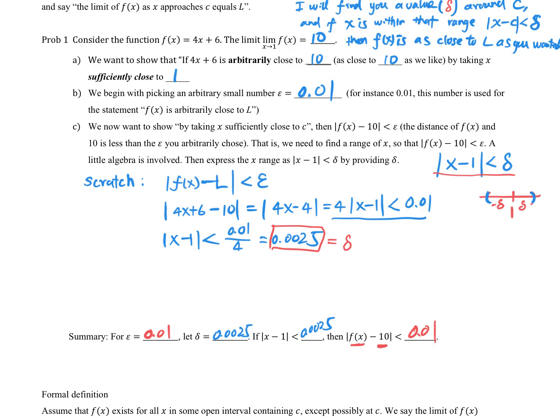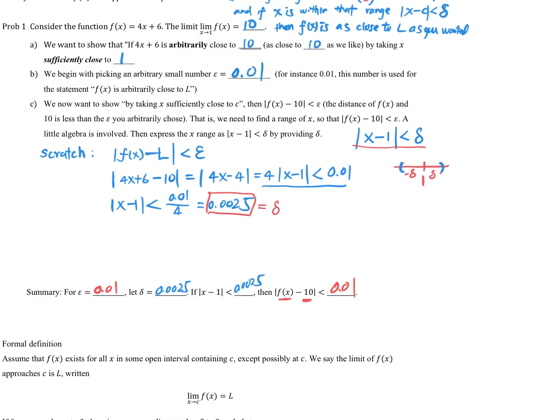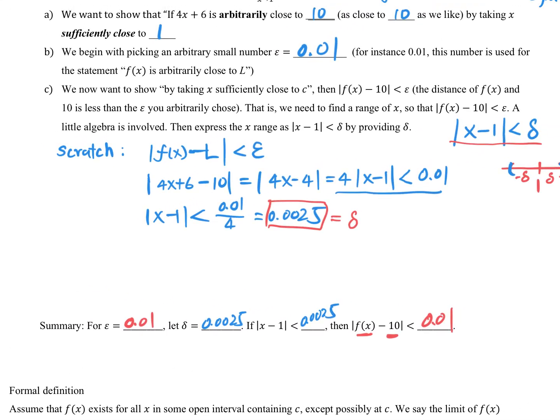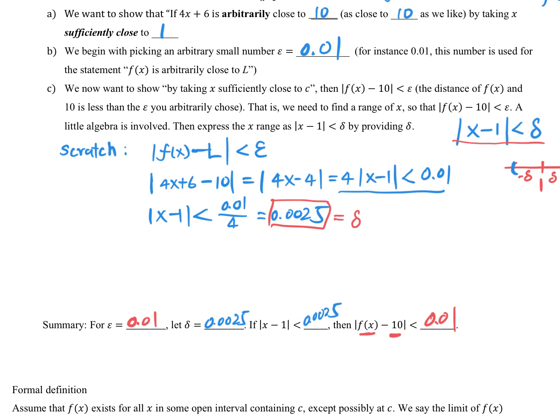Now, I know if you get lost here, sometimes a graph will be very useful. So I'm going to make a graph to demonstrate what's happening here. I'm going to graph f of x, which is 4x plus 6, a straight line.